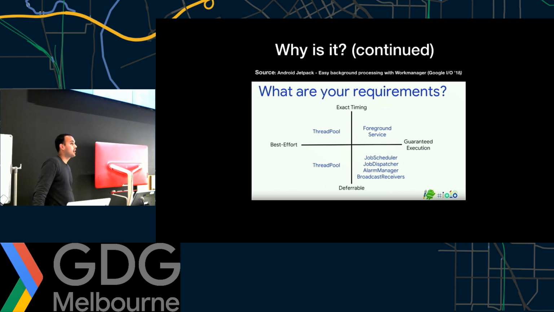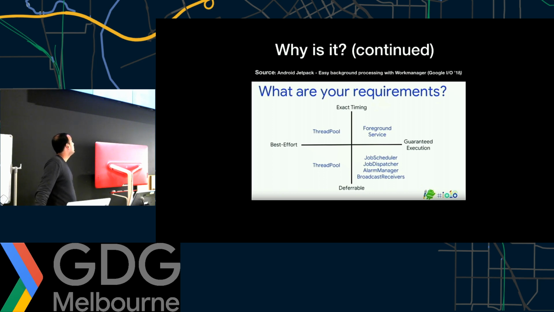So you can use RX, coroutines, executors, what have you. That's quadrants 3 and 4, obviously. If you want something that needs to happen right away and is not deferrable, you can use a foreground service. Obviously you need to provide a notification and a notification channel so the user's aware. That's quadrant 1, and that guarantees execution.